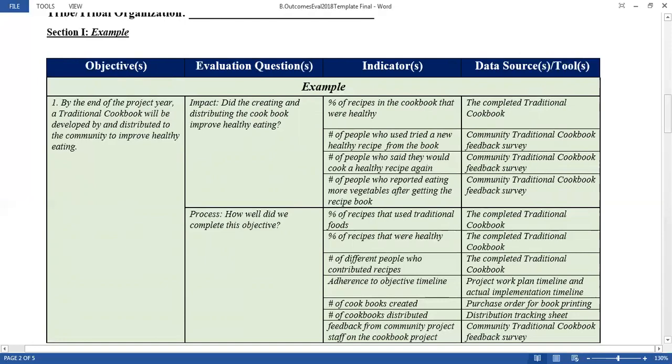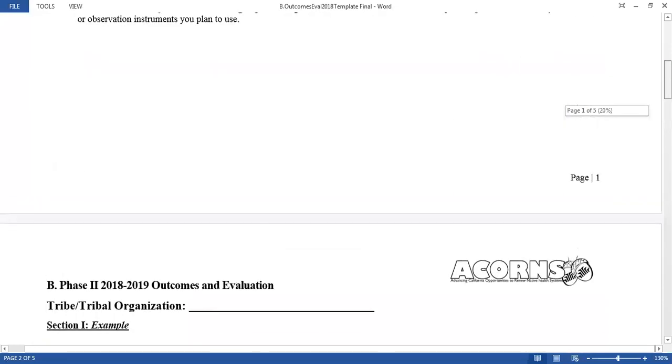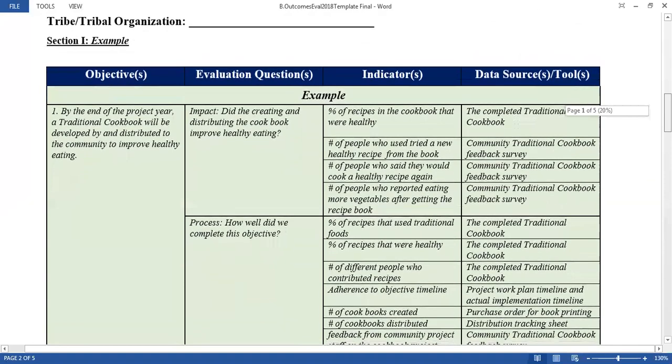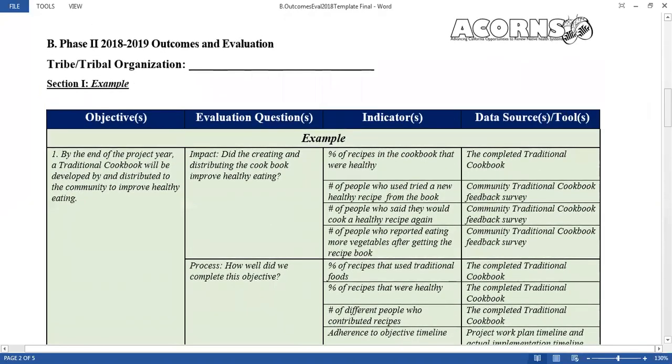So the purpose of this worksheet is to help your organization or the applicant determine what are your key evaluation questions for your project. So in your work plan, you identified short-term outcomes and measures, which helped you know if you were staying on track with your activities.